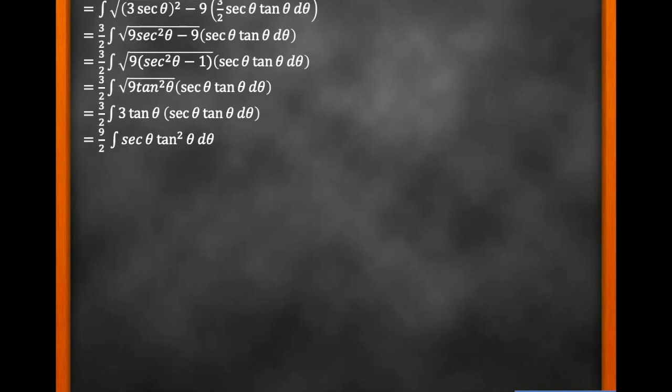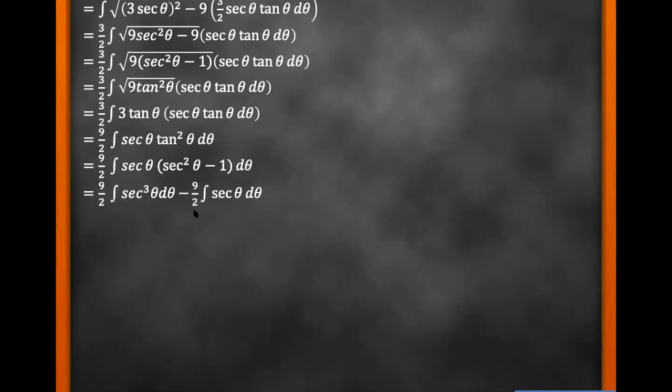We know that tangent squared theta is equal to secant squared theta minus 1. So we distribute this secant theta inside this function. So we have secant cubed theta d theta. So we copy the constant, distribute this.